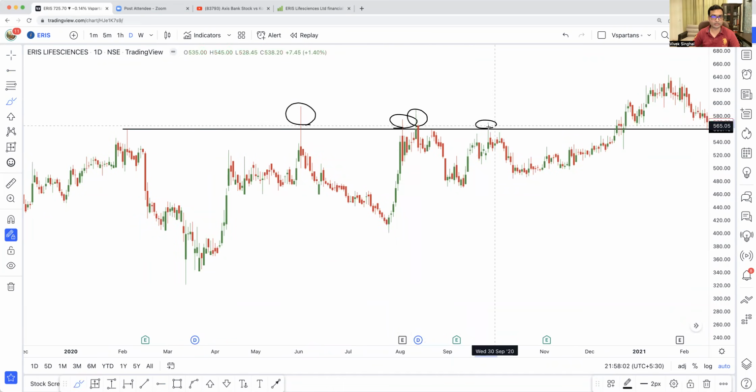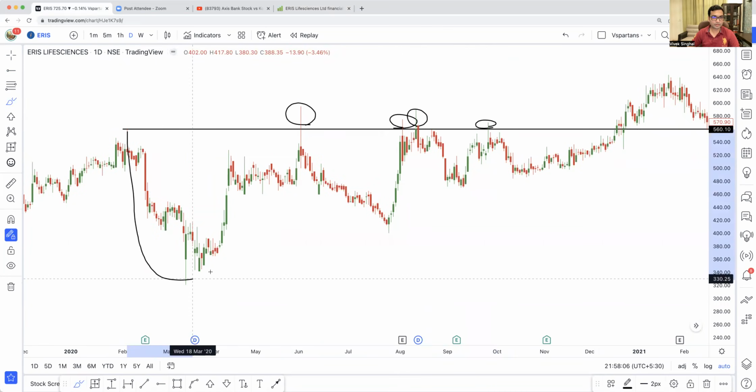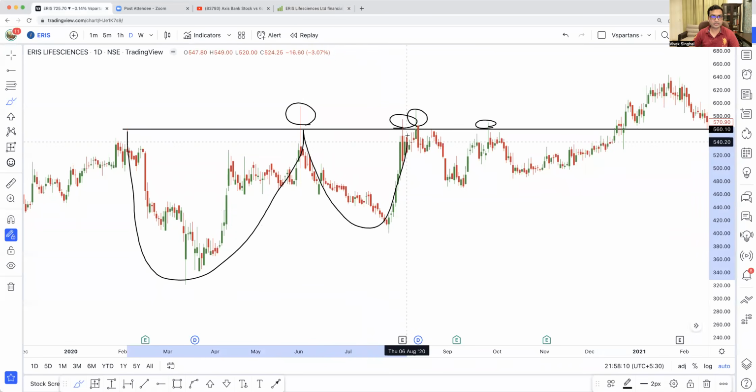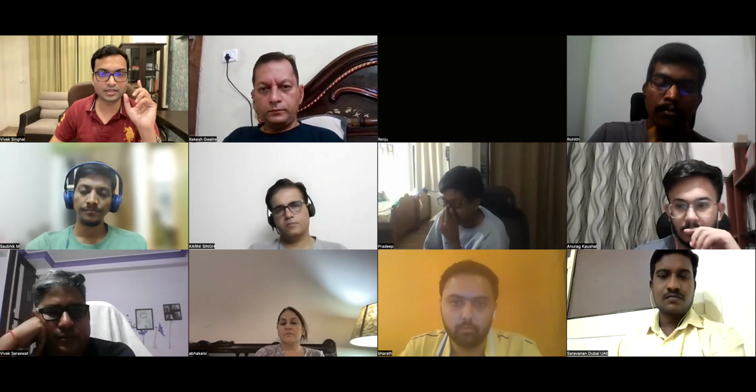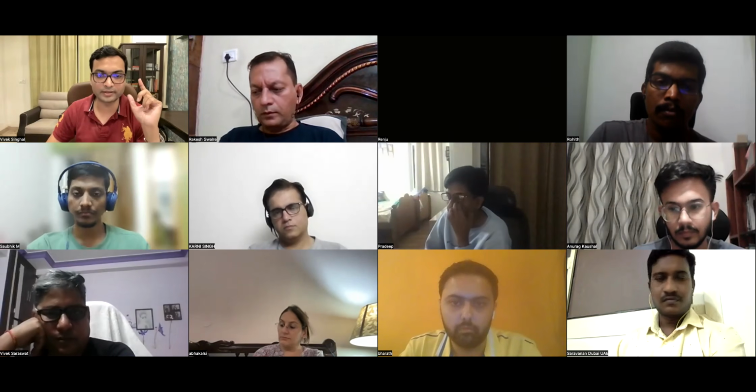No green candle body, only wicks. Here, this is the cup, this is the handle, and this is one more handle, and this is one more handle. A lot of handles. So this is a complex cup with handle pattern. Right? This is clear.